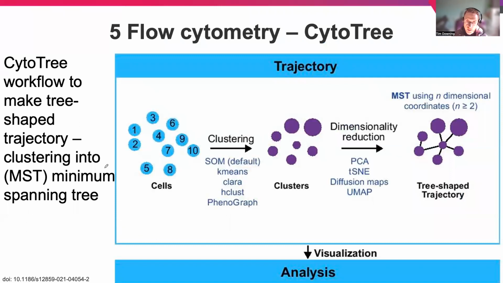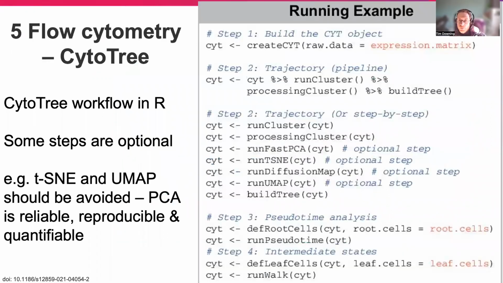What we can see next is this process of creating a minimum spanning tree from our cells based on clustering and dimensionality reduction, using many dimensions of coordinates to create this kind of tree-like shape. This is run by using different functions that operate on our object. We'll be using a slightly longer version of this for our lab.